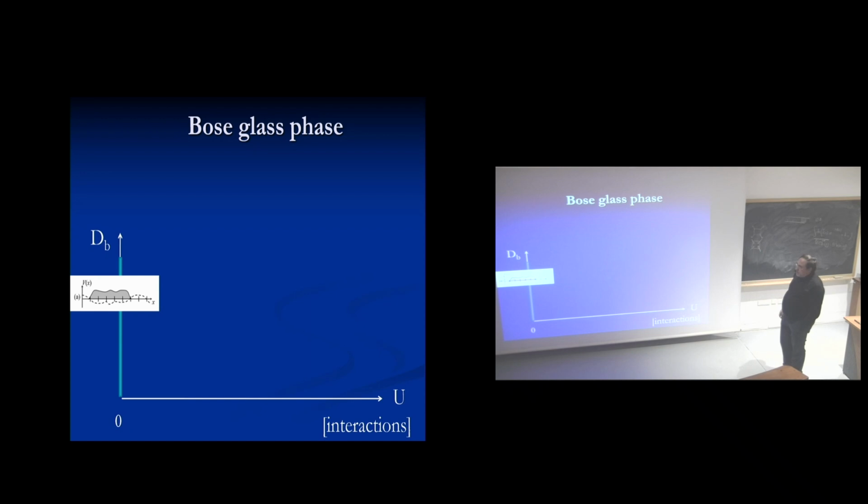But this explodes as soon as you put in interaction. And now what you find is that there is a kind of dome here where the system is superfluid, so it's robust to disorder. This is the disorder axis. This is the interaction axis. And you find, therefore, that interactions first delocalize the problem. This is what we would expect. An interaction is helping the system to be superfluid. It's making the superfluid robust.